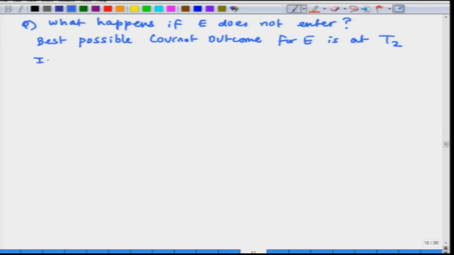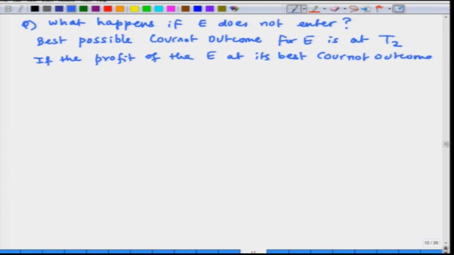So, if the profit of the entrant at its best Cournot outcome, that is T2, is less than 0, right. And why would it be less than 0?